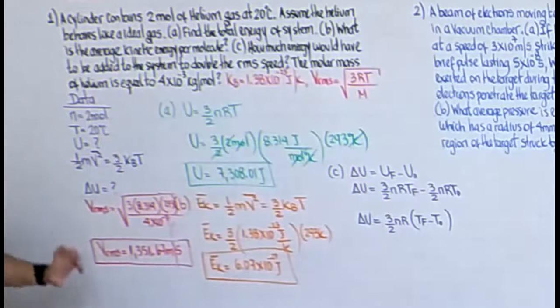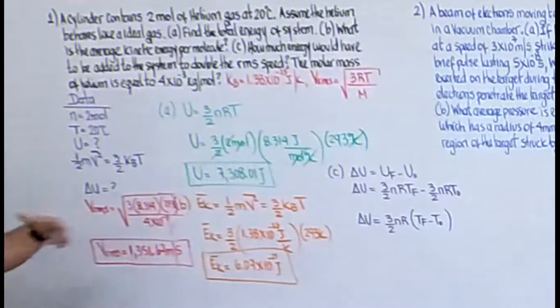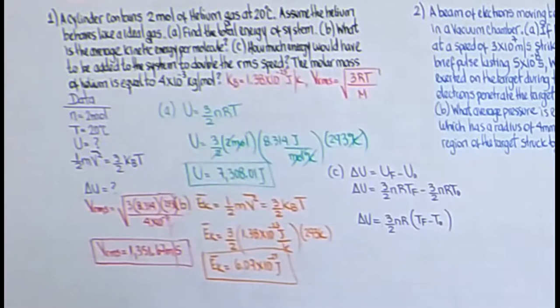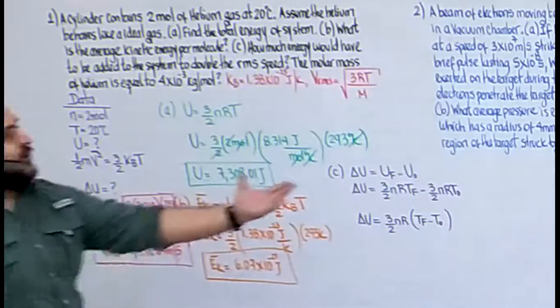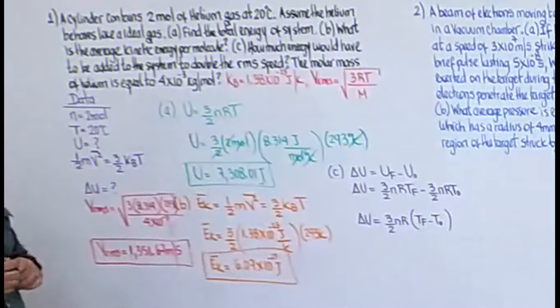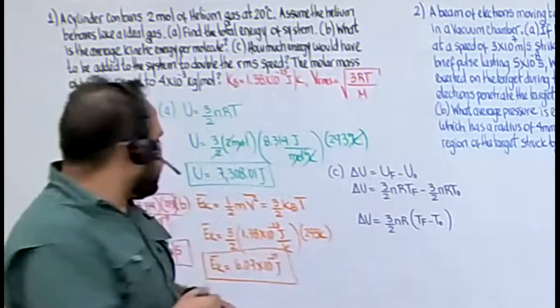So I'm going to use that same formula once again, but instead of using 1,351.67, I'm going to multiply it by 2 to look for the new temperature.